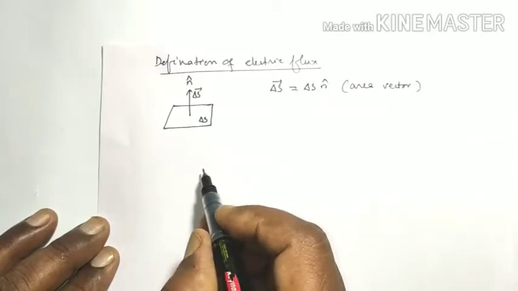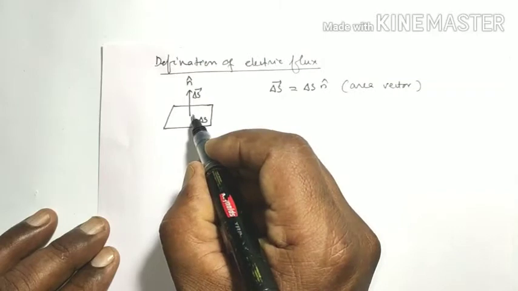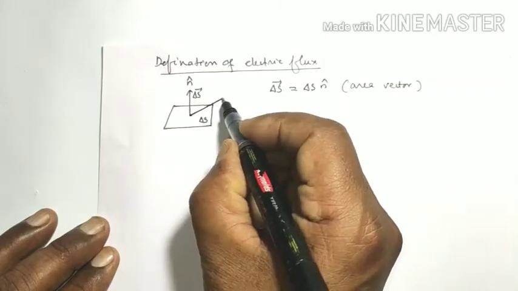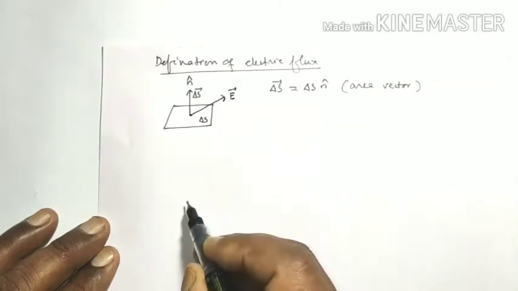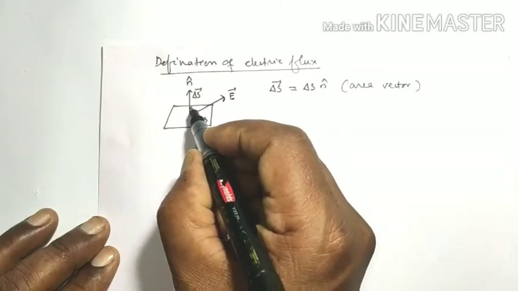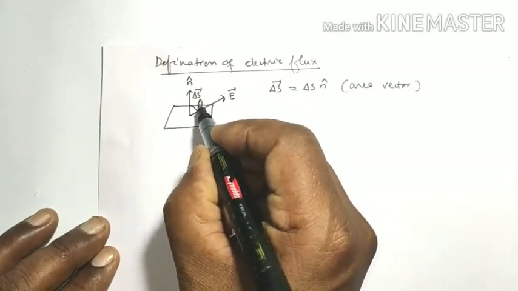Now, electric field at this point is suppose E. This is E vector. Angle between n cap and E is theta.